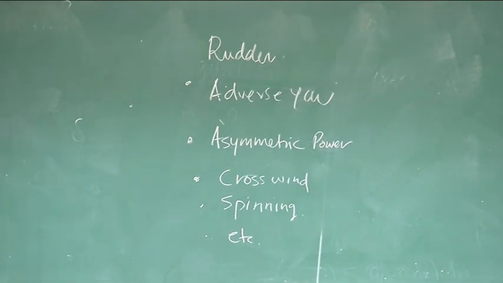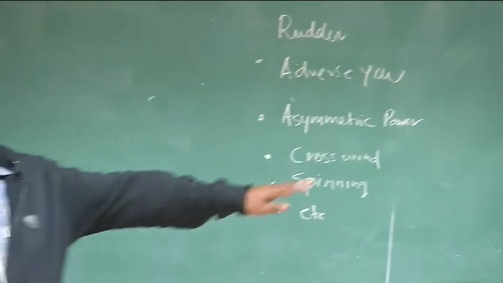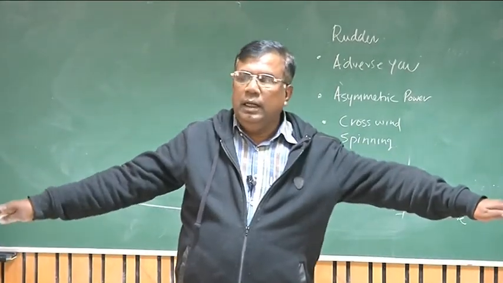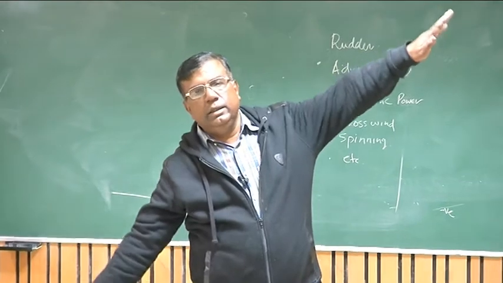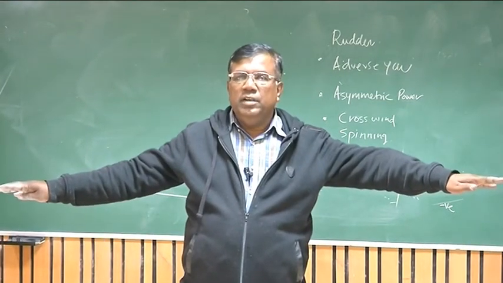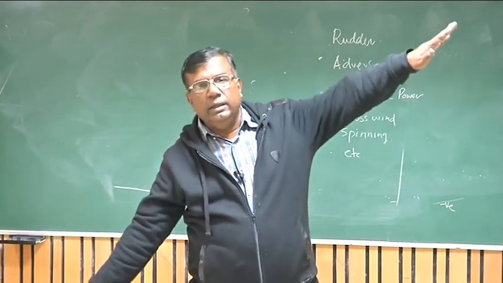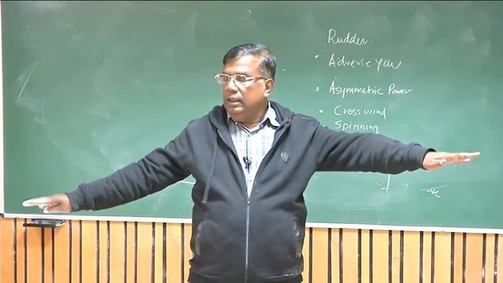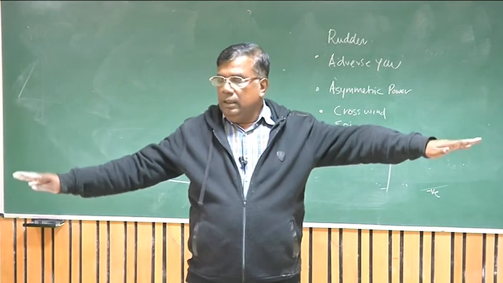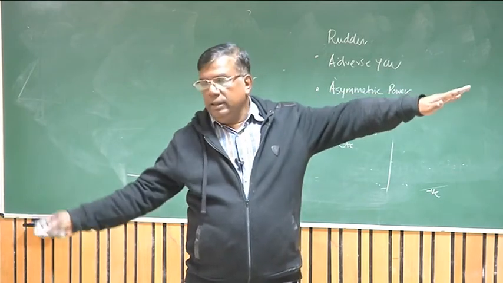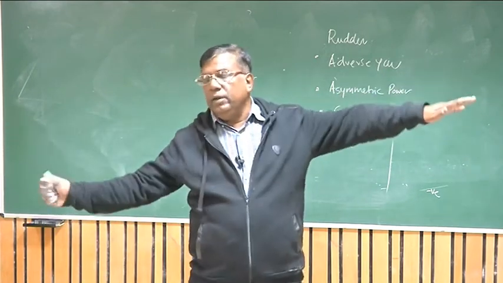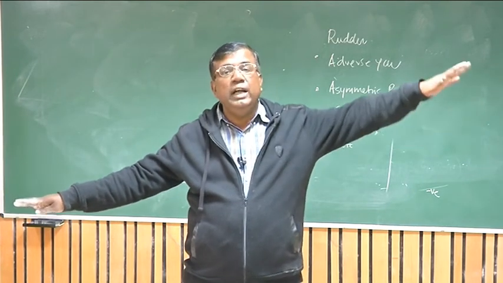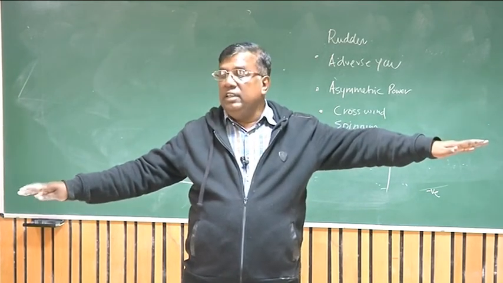As I told you, if I want to go for a bank, a roll like this, let's say a positive roll. Roll positive by convention is the right wing going back. What is happening? If it is going like this, you could see that on this portion the relative wind will come upward. So here the angle of attack will increase compared to the other side, which is going up. Angle of attack increase means lift will increase.